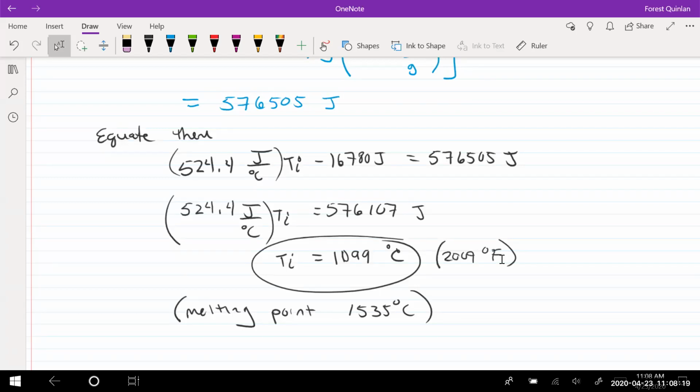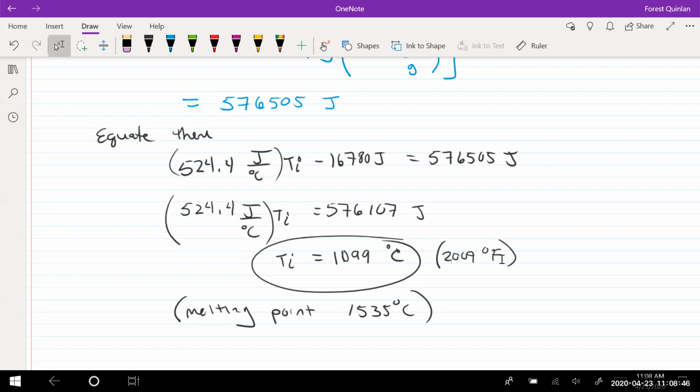Dallas, don't worry about it. If you had 1099, 1098, 1087, that's fine. If you had 1400, I'm going to start checking your work and being like, all right, where did they screw up? If you're not getting exactly these numbers, you may be leaving numbers in your calculator and just continuing the calculation, and that's totally fine. It's not going to make that big of a difference in the grand scheme of things.